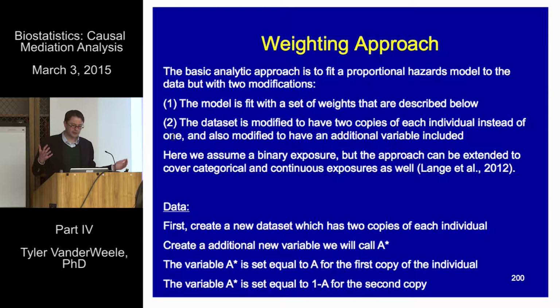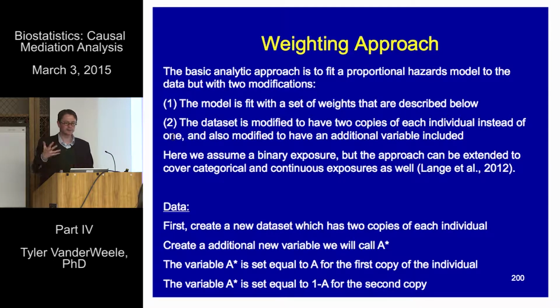Essentially what we do is we're going to control for confounding not by regression adjustment, but by weighting. And using that weighting approach is going to allow us to essentially get around that problem of needing to assume a rare outcome by the end of follow-up.